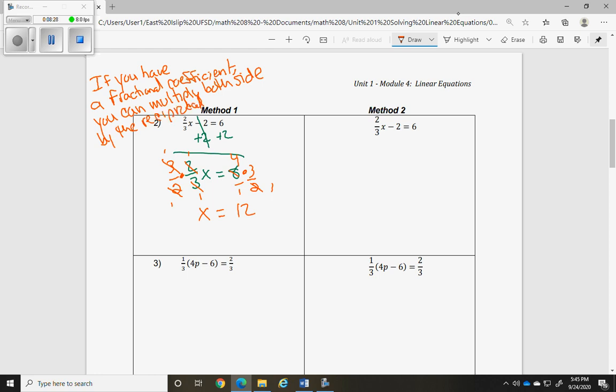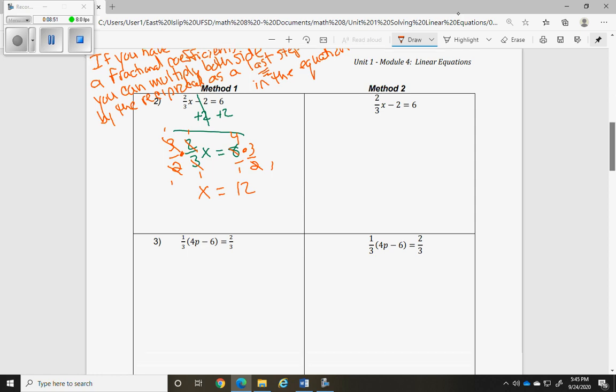This multiply by the reciprocal should always be your last step. So I'm going to say as a last step in the equation. We don't like multiplying by the reciprocal like in the middle of an equation. Not usually, actually. I don't know.